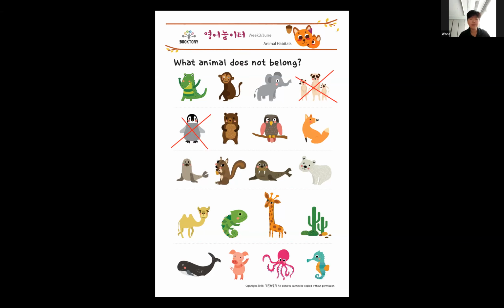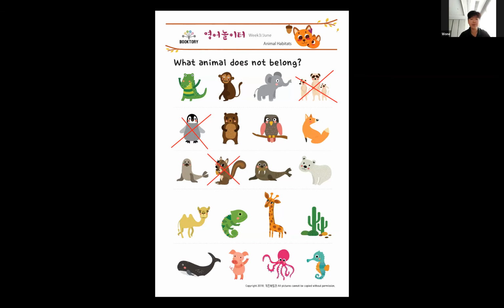So we have a seal, squirrel, walrus, and polar bear. Which one does not belong? The squirrel. We cannot find the squirrel at the North Pole. The rest of the animals live in the North Pole, but not the squirrel, right? It's too cold.